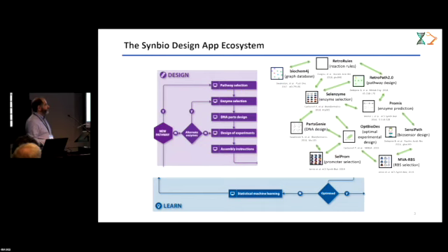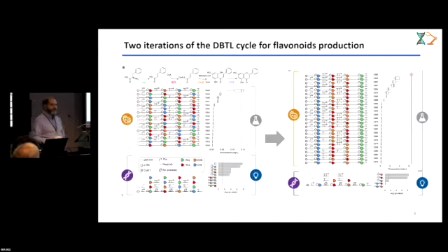Then the point is, does this really work? In our case, our test bench was producing flavonoids. We initially designed a library using all of these software tools that I just showed you, and then we performed the build, test and learn.